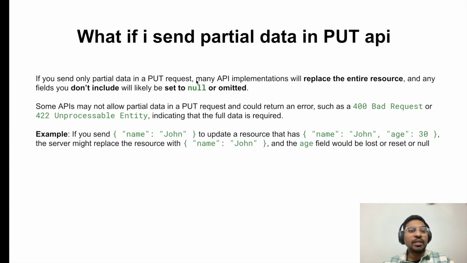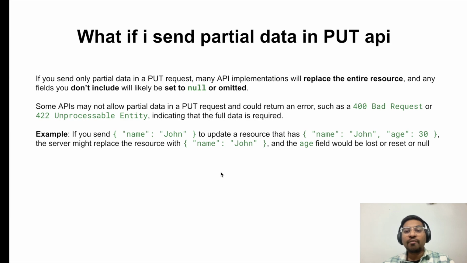If you send only partial data in a PUT request, many API implementations will replace the entire resource, and other fields you don't include will likely be set to null or omitted. Some APIs may not allow partial data in a PUT request and could return an error such as 400 Bad Request or 422 Unprocessable Entity, indicating that the full data is required.